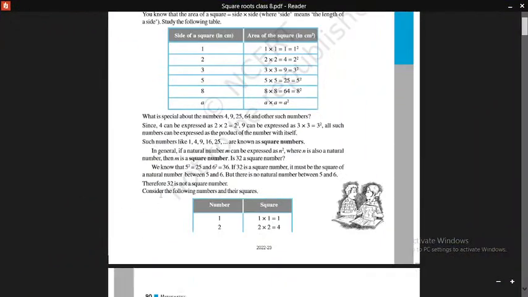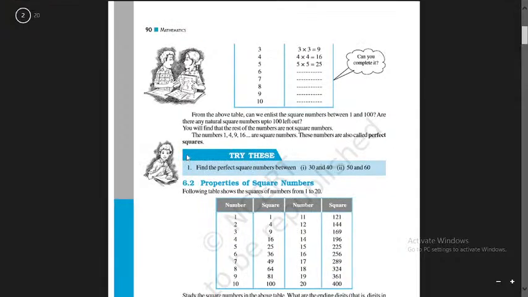So let's move to this only because that is not responding properly.